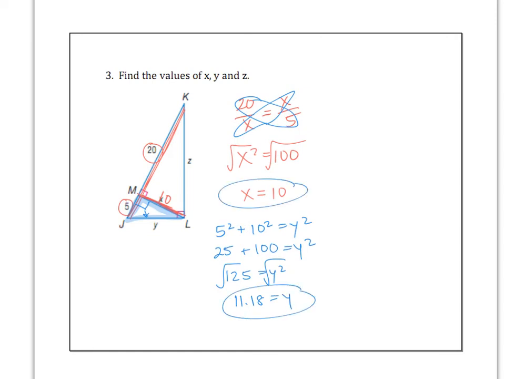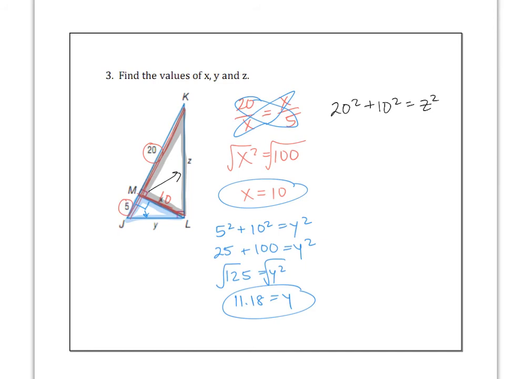So we have x, we have y, the only thing we have left is z. To find z, I want you to look, I'm kind of outlining it in gray over here, this triangle in gray. Do you see how we have sides of 20 and 10 and z? Z is the hypotenuse, or the c. So we're going to go 20 squared plus 10 squared equals z squared.